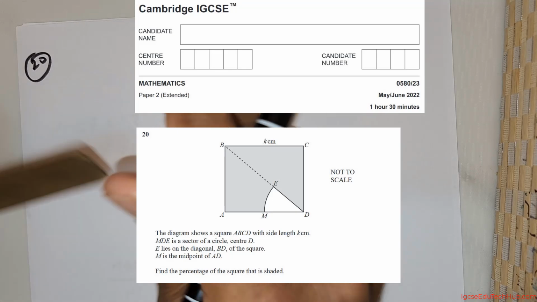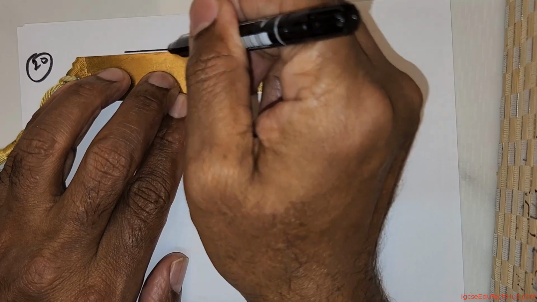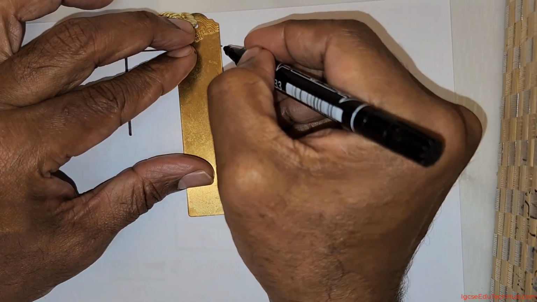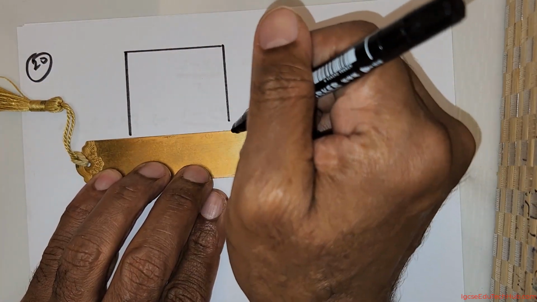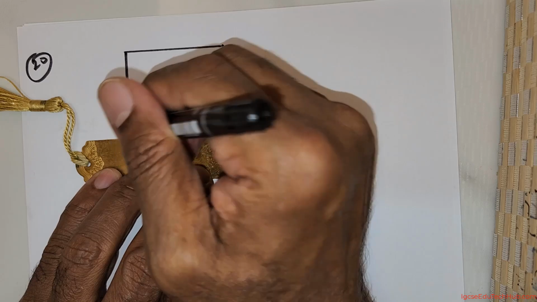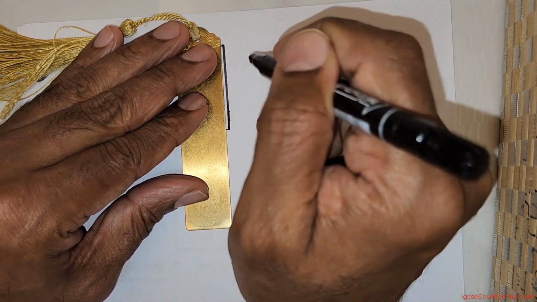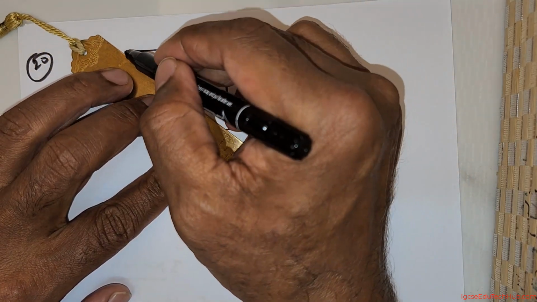Students, this is question number 20. We have a square, and this is the diagonal.